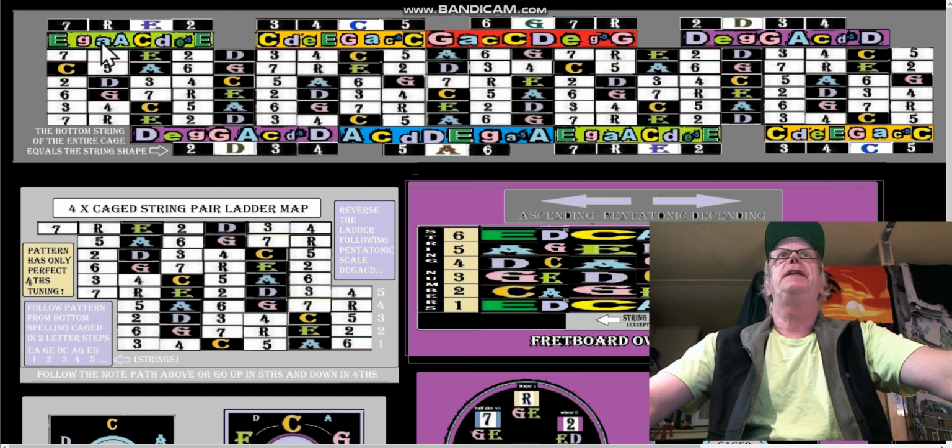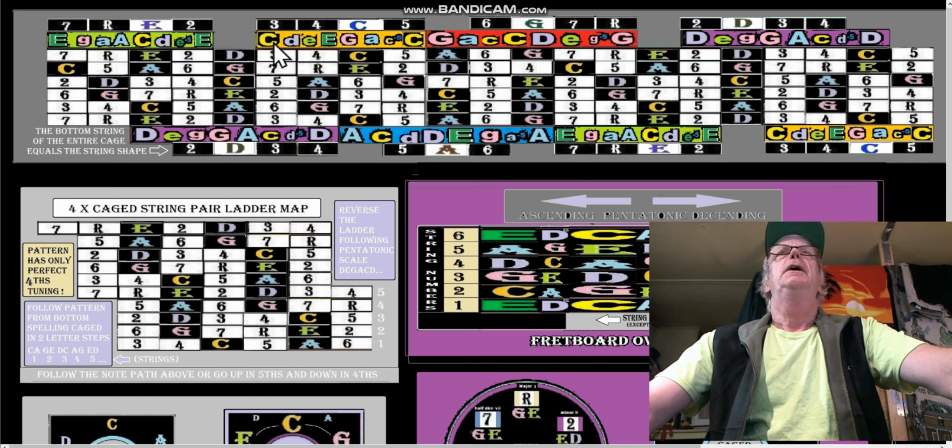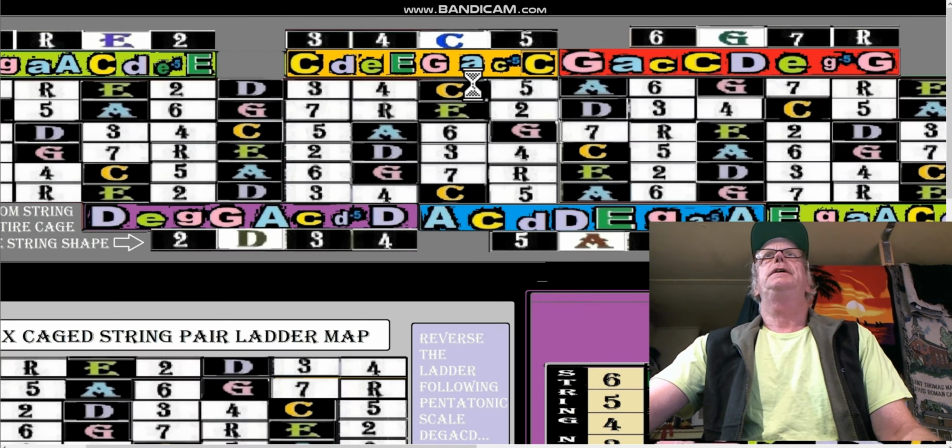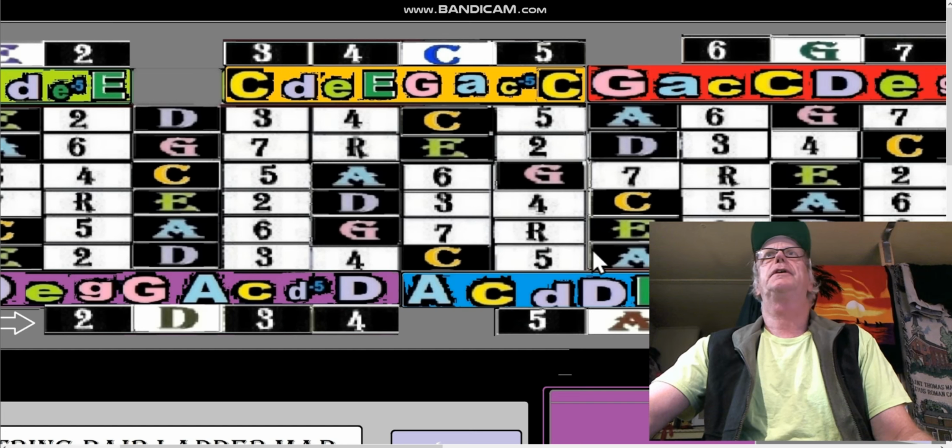So I had said that this covers everything, and each of the boxes has its pentatonic scales in modal. So starting from C, here's the C box again.